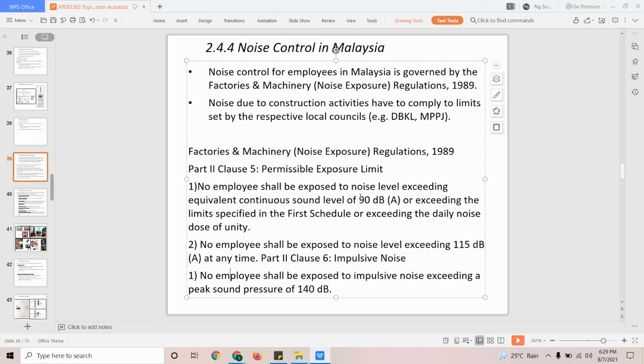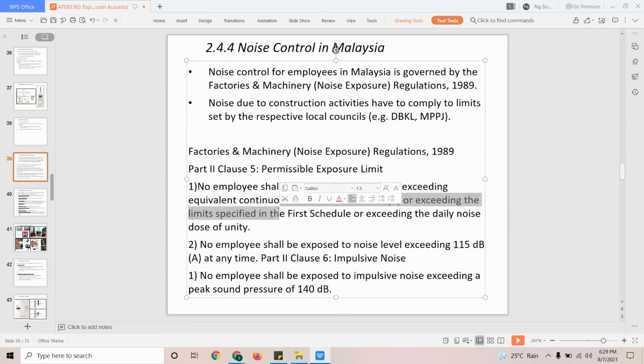So if you are being exposed to a continuous level of 90 decibel, then there will be a set limit of working hour, meaning you can only work in that sort of level of noise for 3 to 4 hours. That will depend on the regulation that's applied.